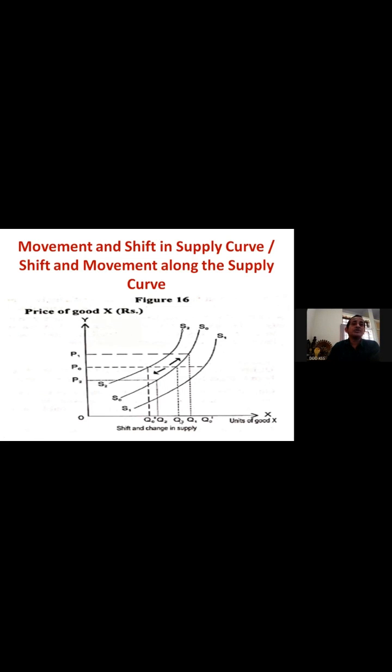This S0 is the original supply curve with P0 price, and the quantity supplied was OQ0, this point.